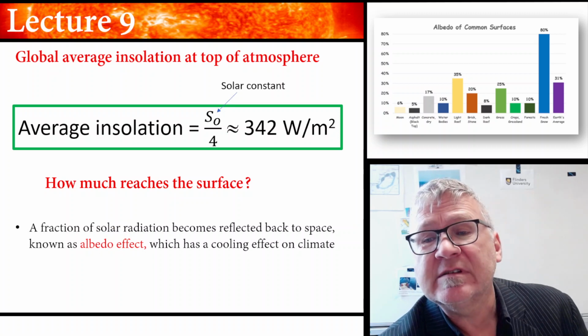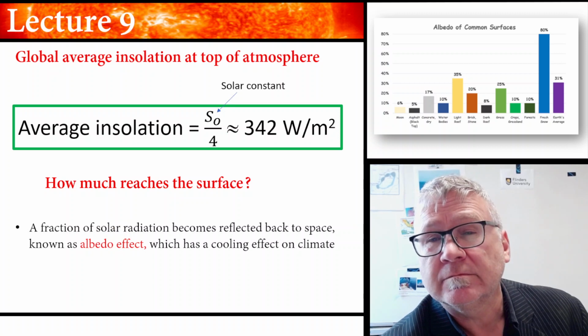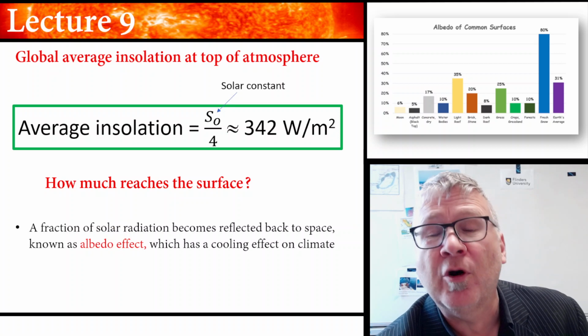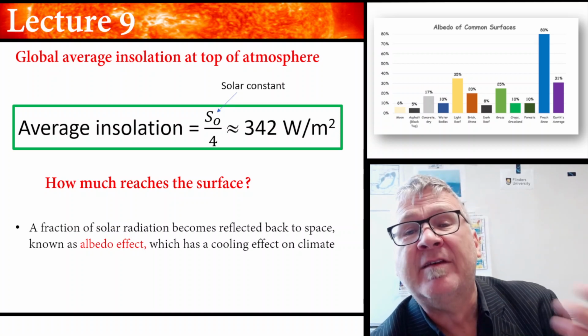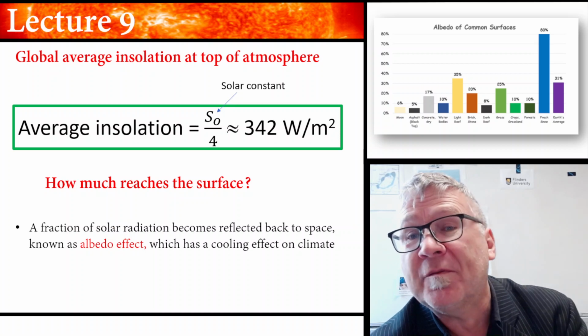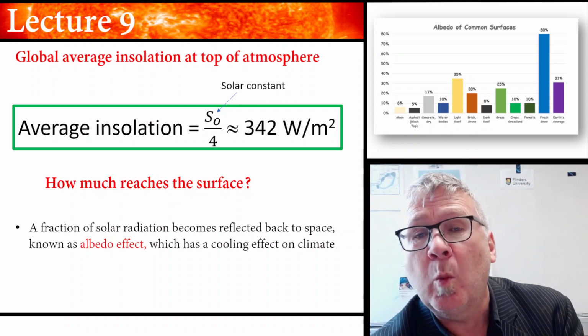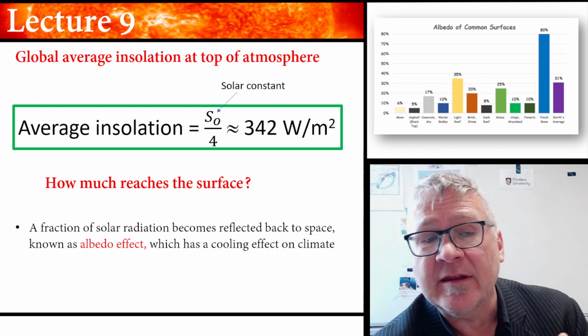White surfaces have a high albedo. In this context, it's also important to look at the absorption. The black surface absorbs a high proportion of the incoming radiation, while the white surface only absorbs a little of the incoming solar radiation.